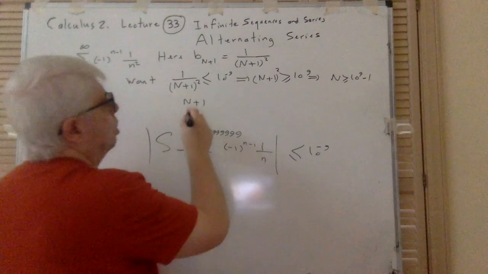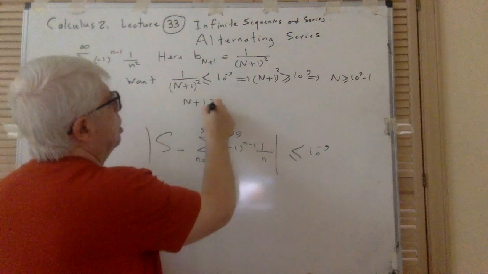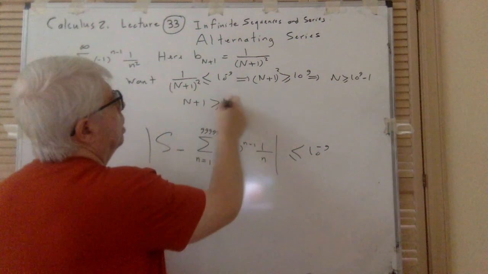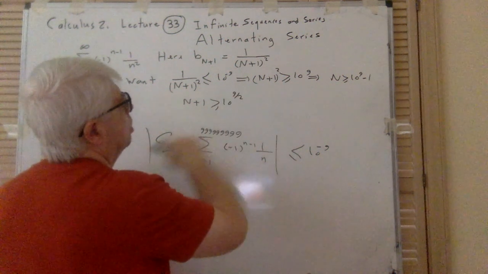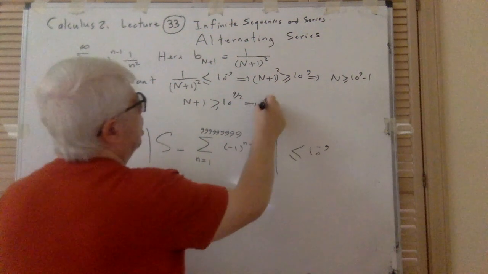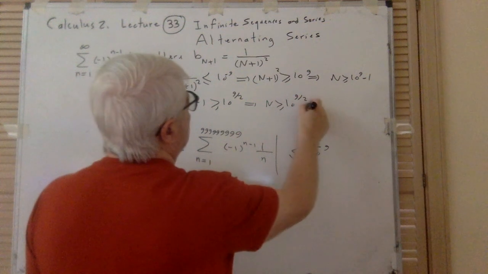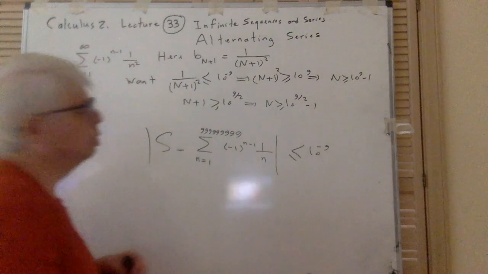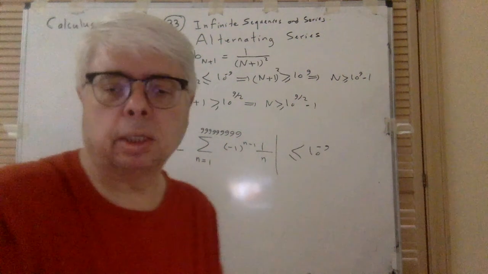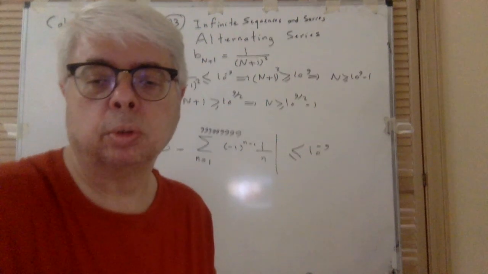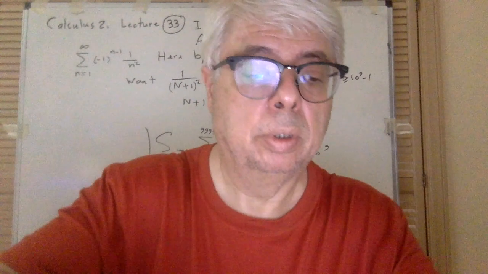Well, that's okay. So it is bigger than 10 to the power 9 over 2. And this gives me n is bigger than or equal to 10 to the power 9 over 2 minus 1. So what is 10 to the power 9 over 2? Well, let me calculate this for you.